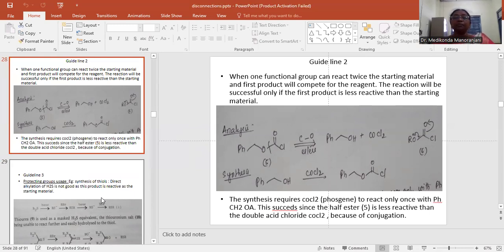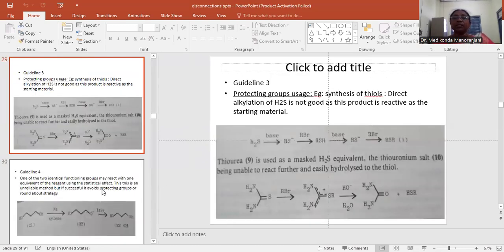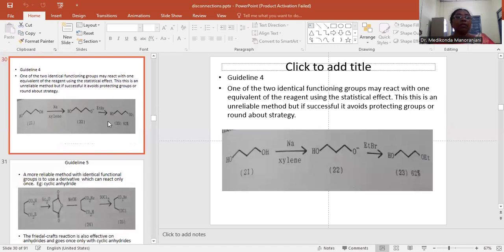Then guideline 3. Protecting group usage. Example, synthesis of thiols. Direct alkylation of H2S is not a good method as the product is as reactive as the starting material. So thiourea is used as a masked H2S equivalent, and the thiouronium salt, being unable to react further, is easily hydrolyzed to the thiol. Then guideline 4. One of two identical functional groups may react with one equivalent of the reagent using the statistical effect.